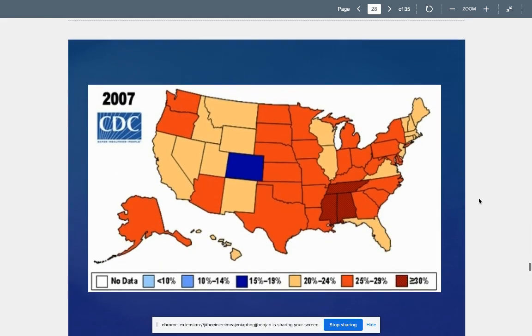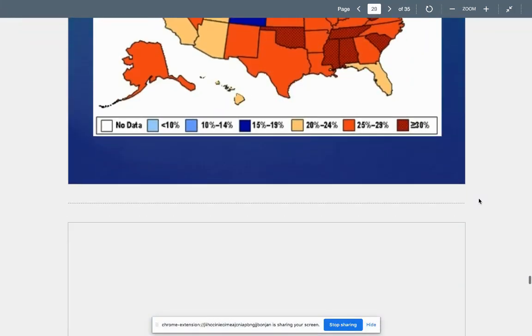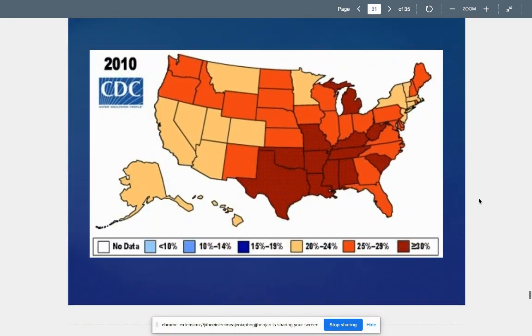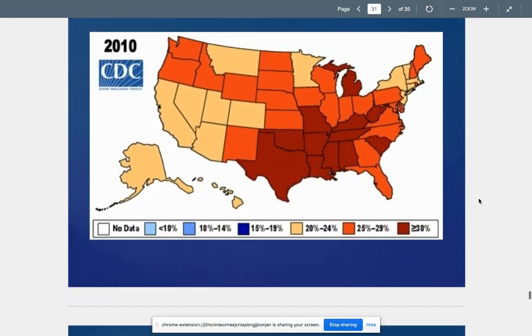So continuing. So 2010, we're looking at about the same scale, but if you can see, those dark red states have increased significantly.